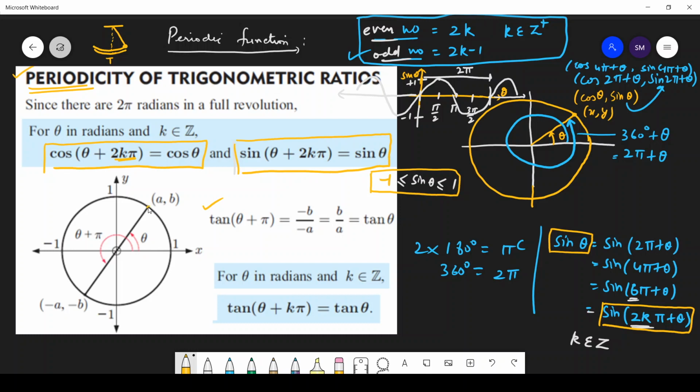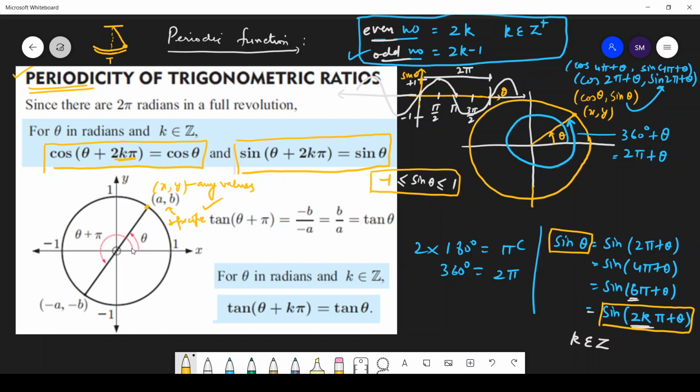Here the coordinates at angle theta are, let it be A, B, or you can take them as X, Y. XY means any values, and A, B means specific values.